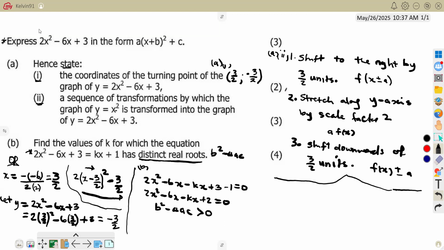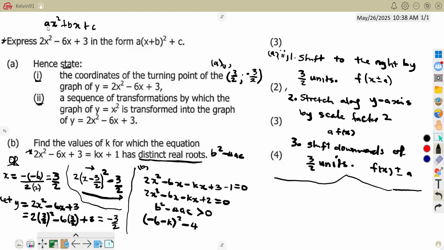From the format ax squared plus bx plus c, what's b here? B is representing the coefficient of x. So what's the coefficient of x here? We are having the minus 6, which is the coefficient of x. Then we are having again minus k, which is the coefficient of x there. So b squared minus 4ac.